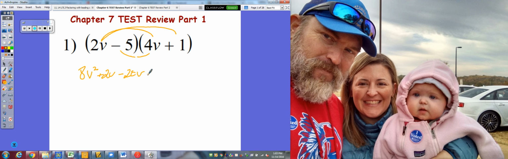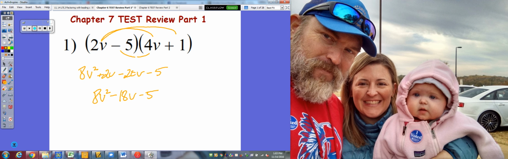And the negative 5 times 1 is negative 5. Well, combine like terms, and we have 8v squared minus 18v minus 5. Okay, so that's what we're doing when we're multiplying a binomial by a binomial.